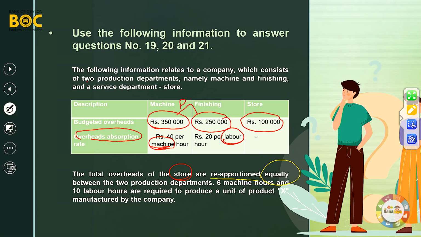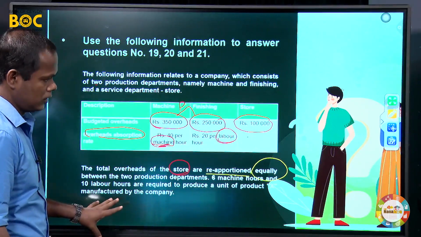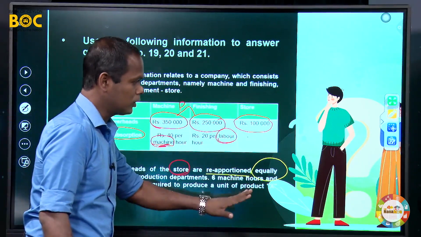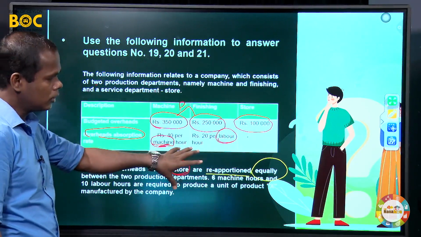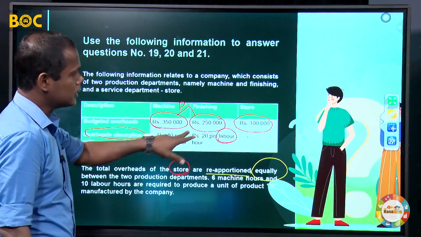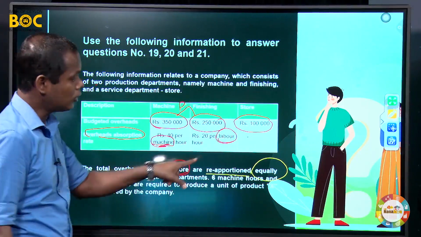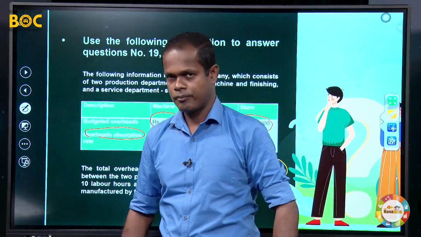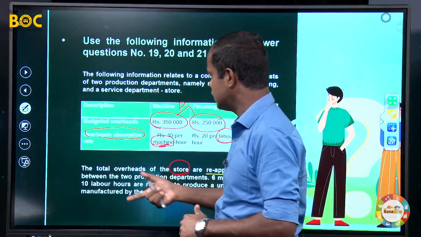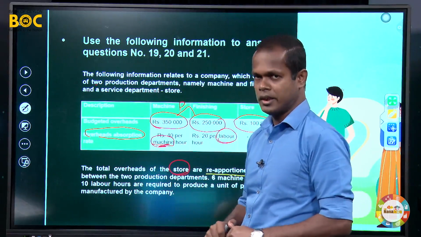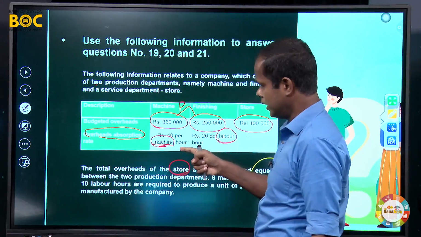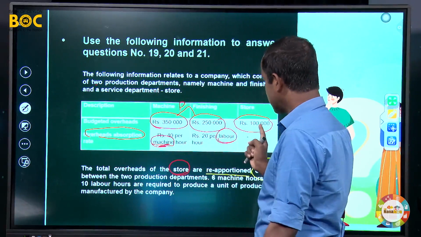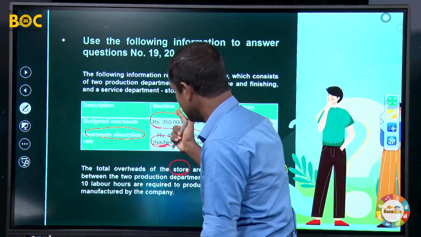Before the calculation of the absorption rate, we learned we have to reapportion service cost. Having a cost in the service department, you can't calculate the absorption rate. They have reapportioned this 100,000.